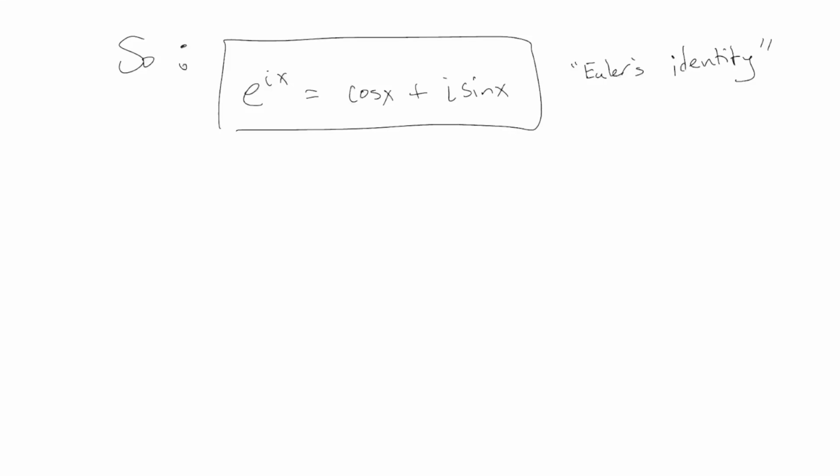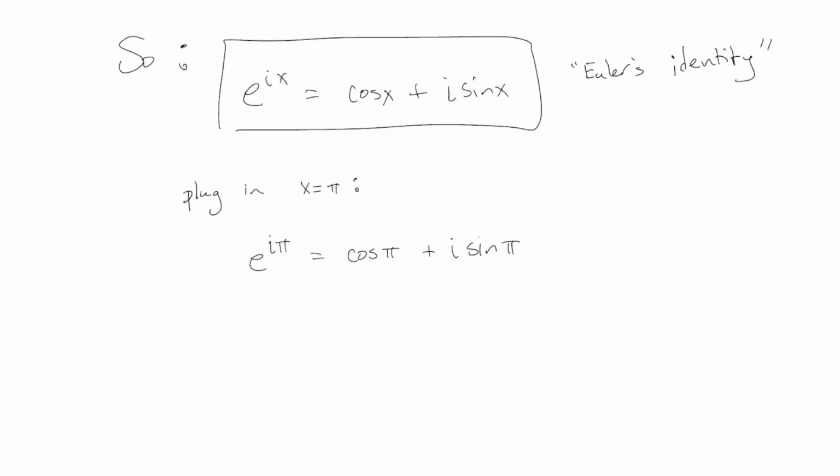One very cool thing about this, check it out. You can actually plug in a particular value here, and you get really nice results if you plug in x equals pi. What that would say on the left side would be e to the i times pi, and on the right side you get cosine pi plus i times sine of pi.